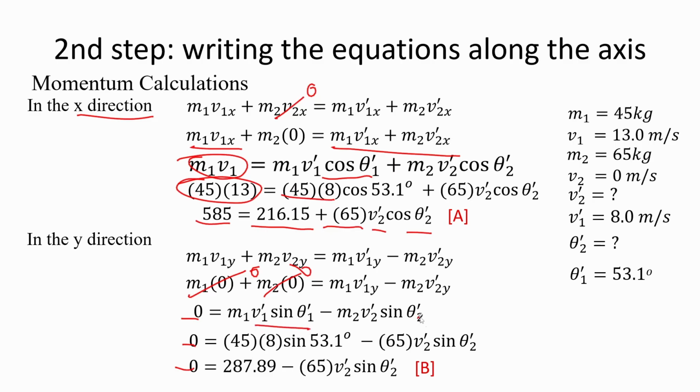So the result is 45 mass times 8 meters per second times sine 53.1 degrees, and m2 is 65 kilograms times v2 prime sine theta 2 prime. That one is unknown, so we keep it as is. So we now have equation A and equation B.